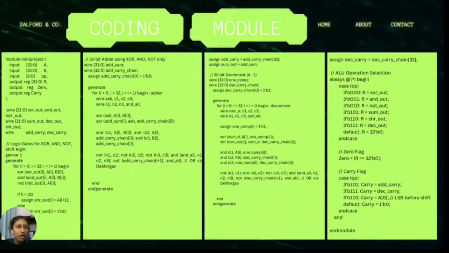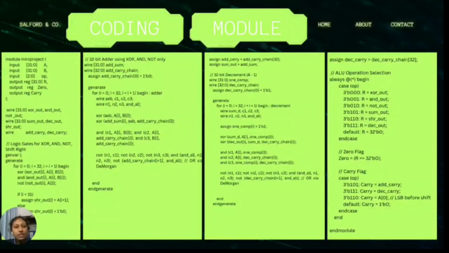We also have a 32-bit wire for sum out, which is for the adder, then decrement out, which minuses 1, and shift right out, which shifts right by 1. There are also wires for add carry and decrement carry. Next we go for the logic gates for XOR, NOT, and also shift right.